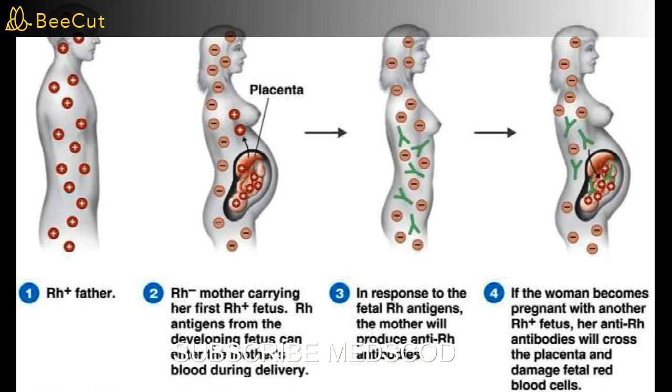Please listen. This happens only when the father of the baby is rhesus positive, because the baby's status is determined by the father's rhesus protein, in the sense that if the father is negative, the baby will be negative. If the father is rhesus positive, the baby automatically becomes rhesus positive.